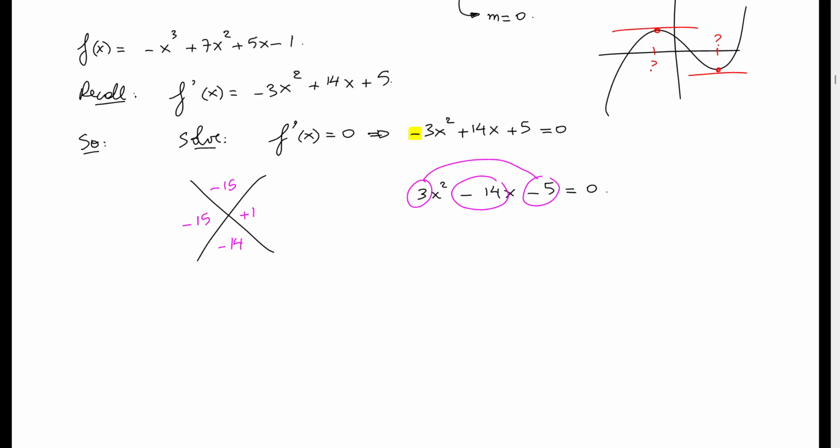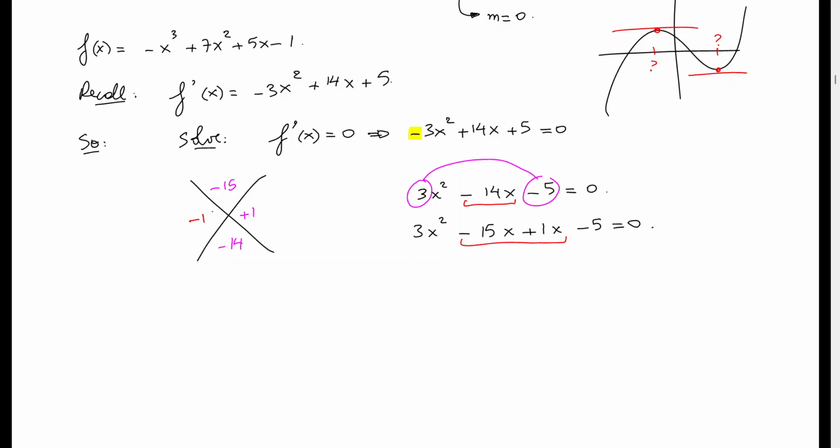Those are the numbers I want. And because I have a leading term with a 3 in there, I have to write down some extra details in the middle. So I'll start by writing the 3x squared minus 15x plus 1x minus 5. We've covered how to factor like this before. Basically, your middle term gets broken down into two new terms.